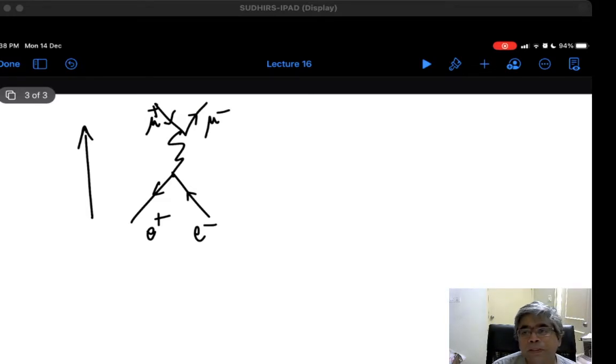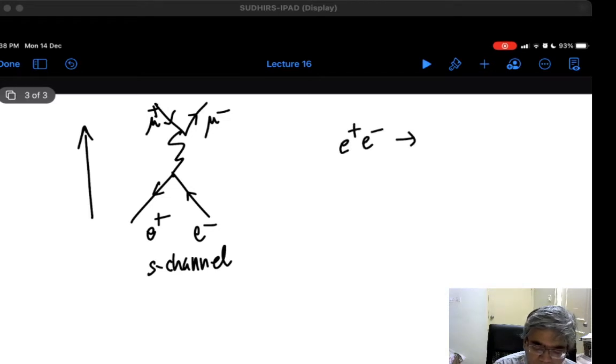Now, how did we get this process? We started with the process e+ e- going into μ+ μ-, took the initial and final states, and drew the Feynman diagram. Let me just repeat the same thing.